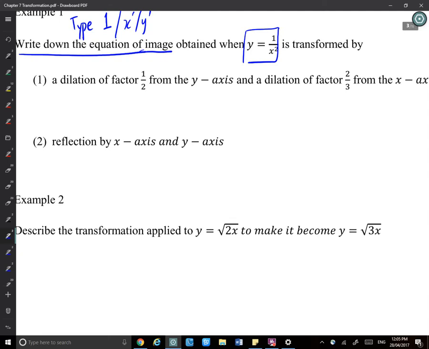From the y-axis is changing what value? X.